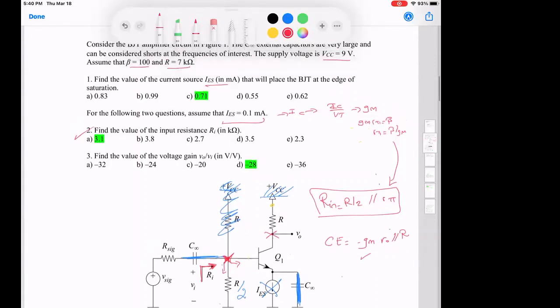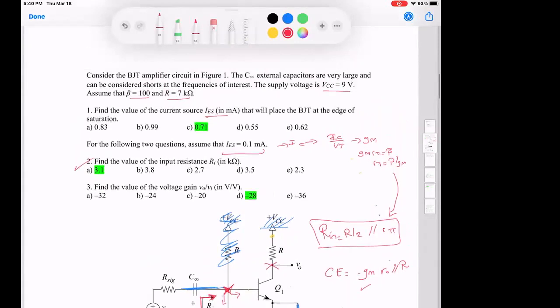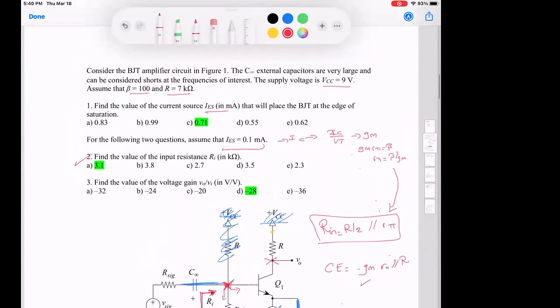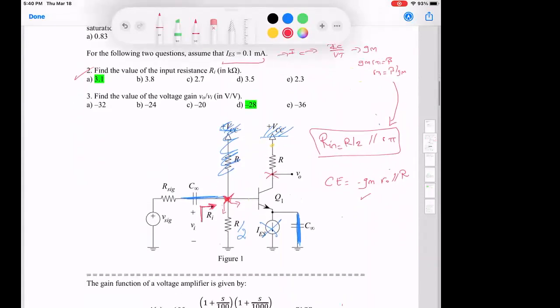Was ro given? If we don't give it, then we assume that it is infinite. So it will be minus gm times R, right? Now if someone asks me what is VO over Vsig, I will multiply VO over Vin times Vin over Vsig, and Vin over Vsig will be what?